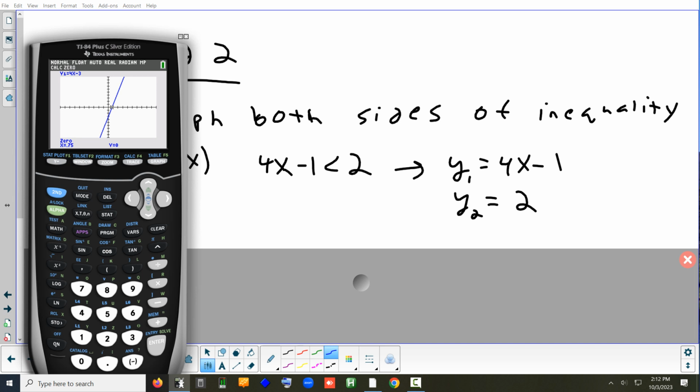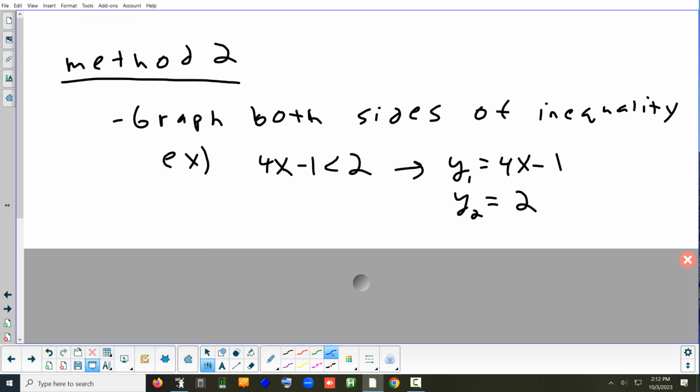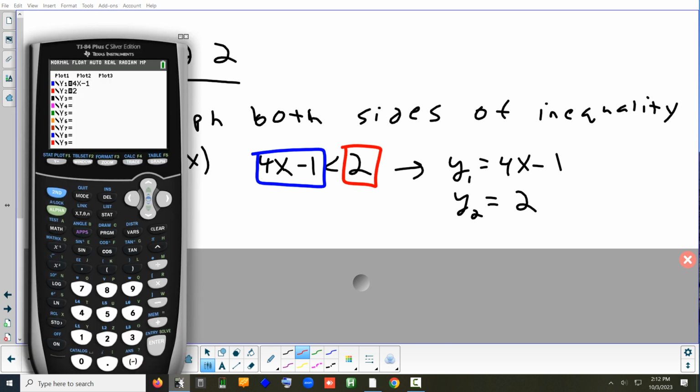And what you're going to do is put the left side in y1, put the right side in y2. So 4x minus 1, 2. And just so we remember which one is which, the 4x minus 1 is blue on my calculator, and the 2 is red.